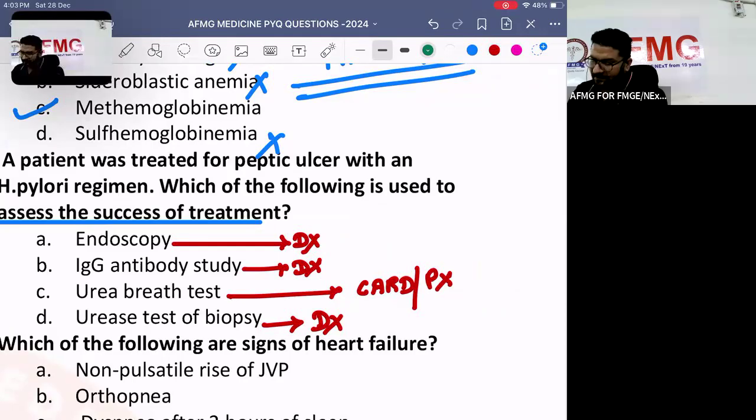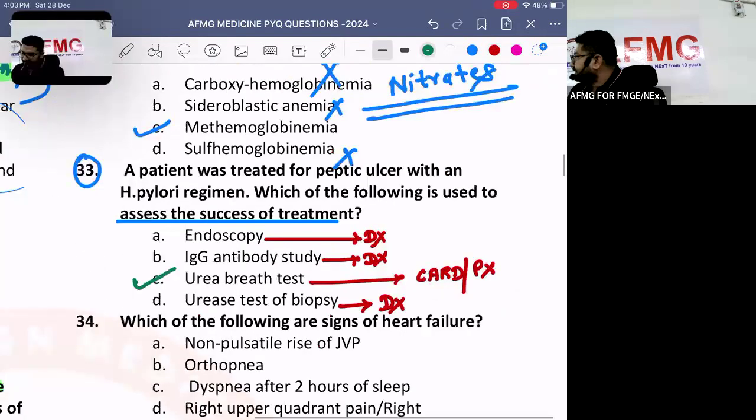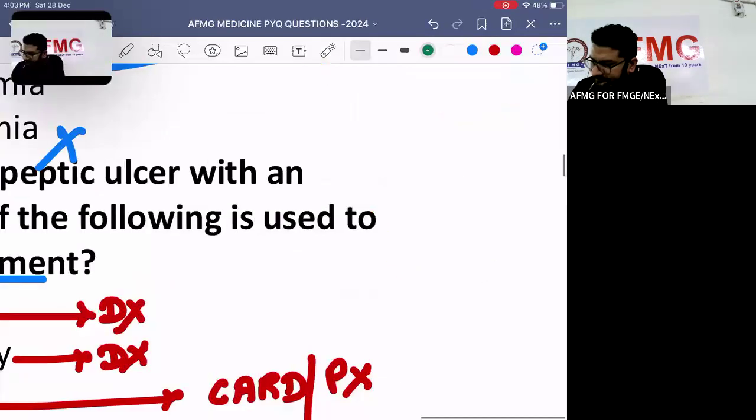So what will the answer be? Urea breath test. Just write down one line. Invasive tests are used for diagnosis.